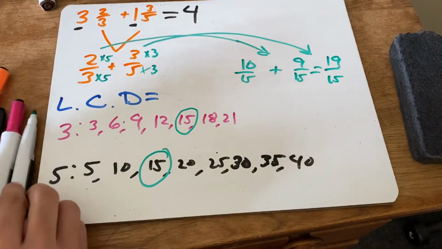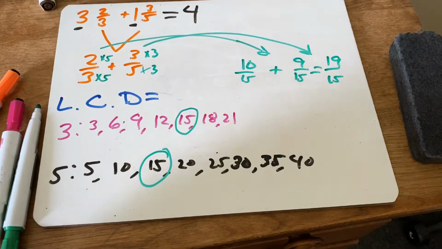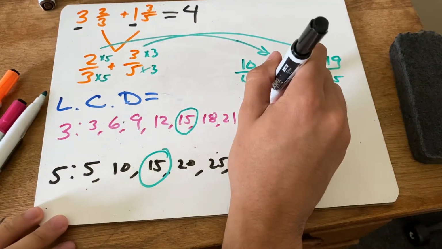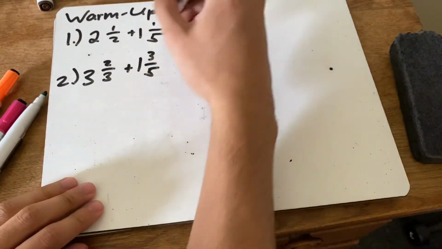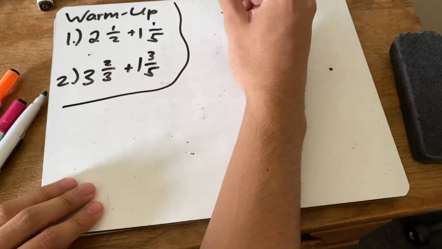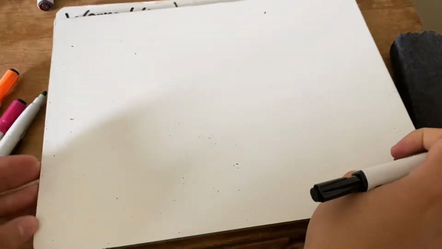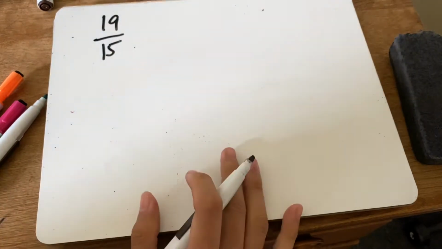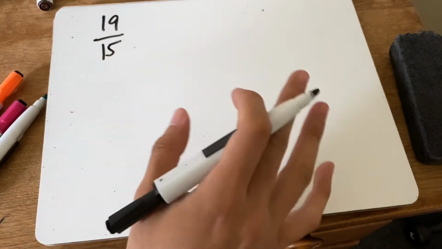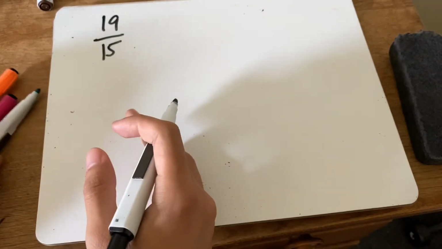Well, hopefully some of you have already started to notice that we're kind of like subtracting it, right? Imagine, I'll do this over here. We have 19 over 15. Now, this is a bit of extra information, but I think it's still worthwhile knowing.